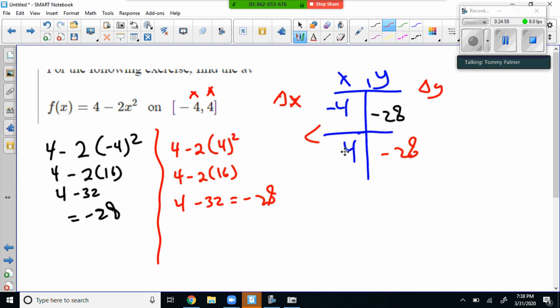From -4 to 4, that'd be a change of +8, right? And then here, it'd be a change of 0. Which is what? 0. That's right. There you go. And that's really all you're doing, right? So that's the first two problems.